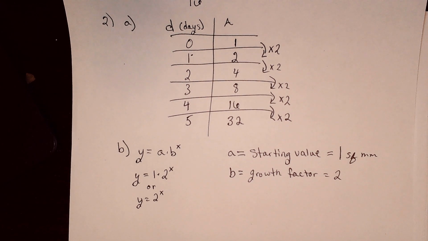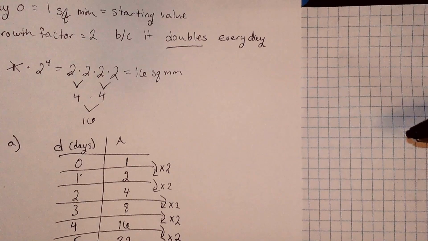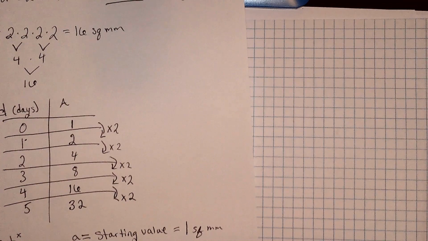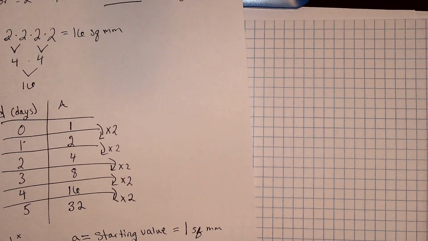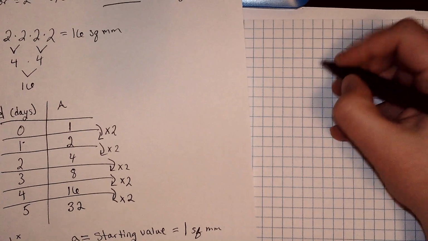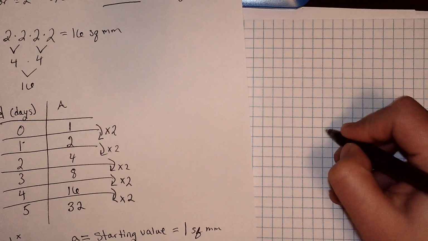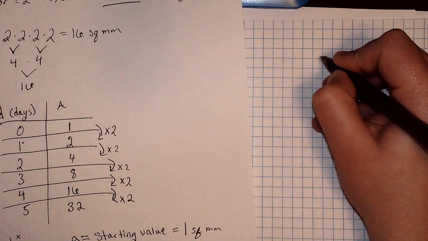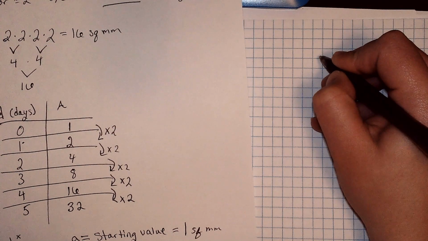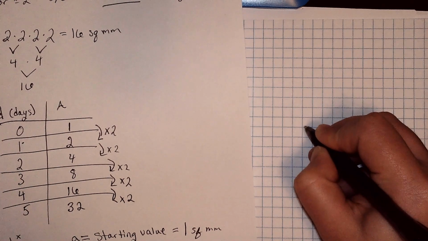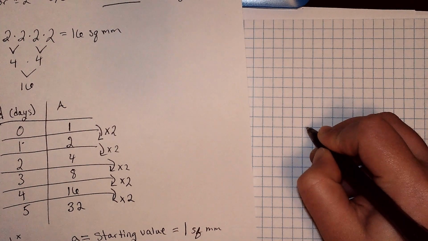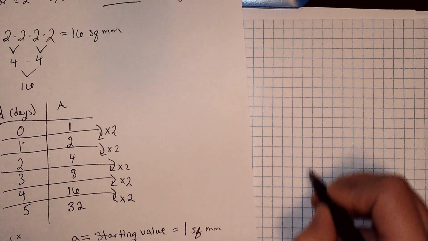Okay. C is asking us to make a graph. So we've already got a table of values here, and it's going from 1 all the way to 32. So let's see here. Let's count this by 4s. Let's just do 2s actually.